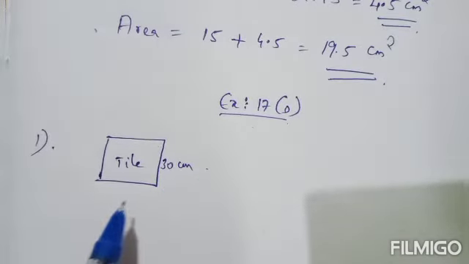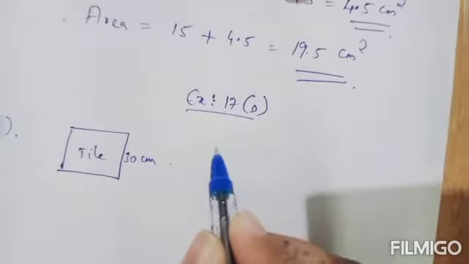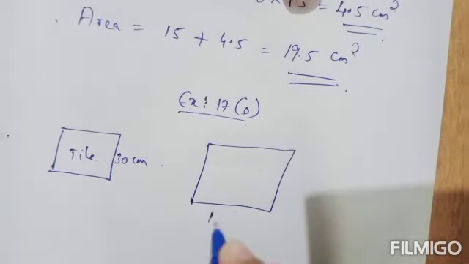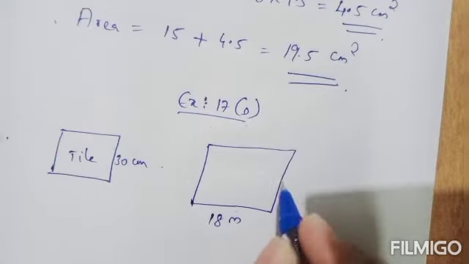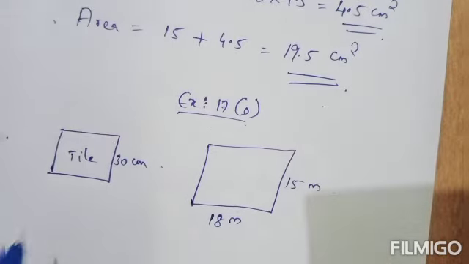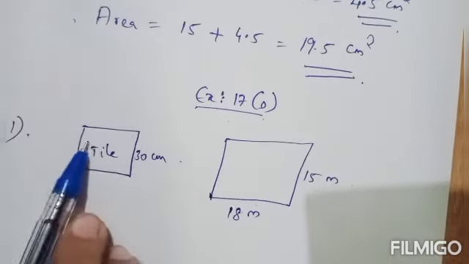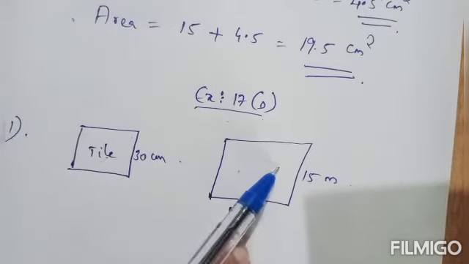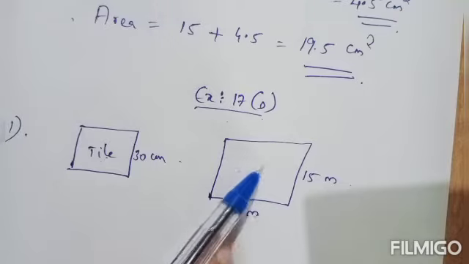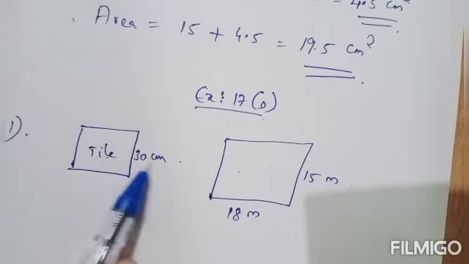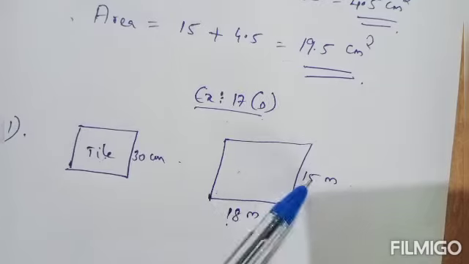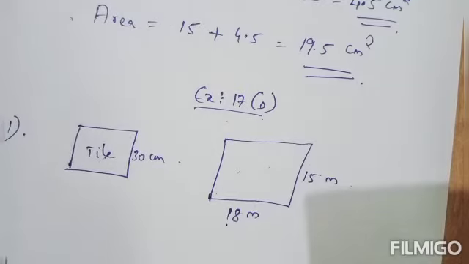Now floor, it is given, it is 18 meter long and 15 meter wide. How many of this tile will be required to cover this floor?